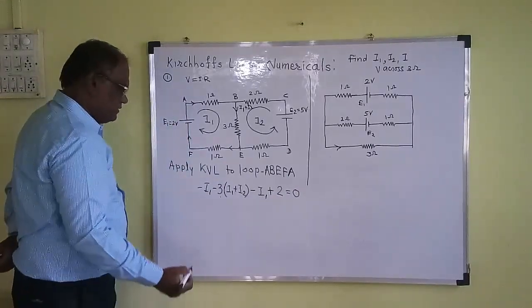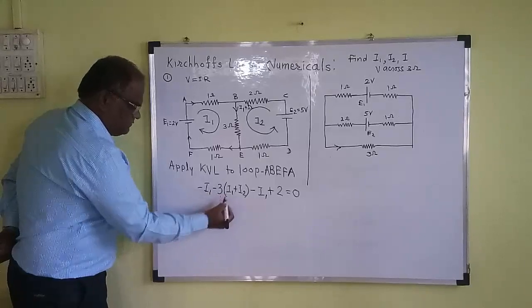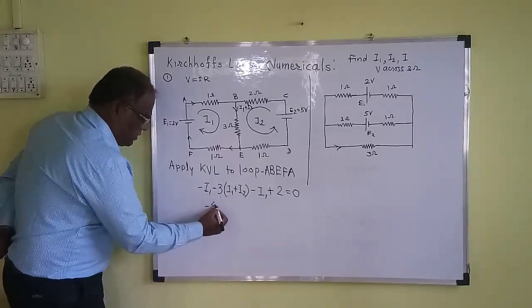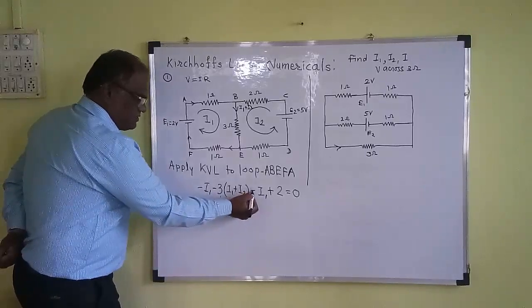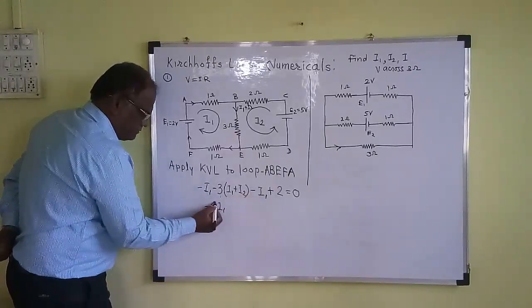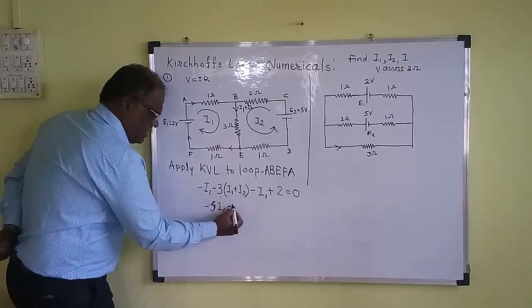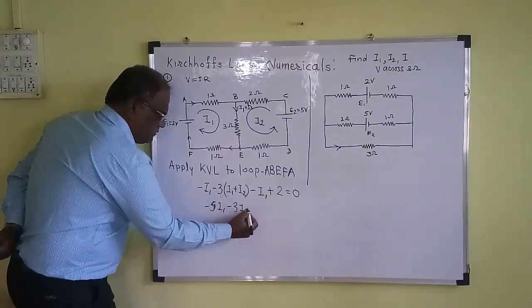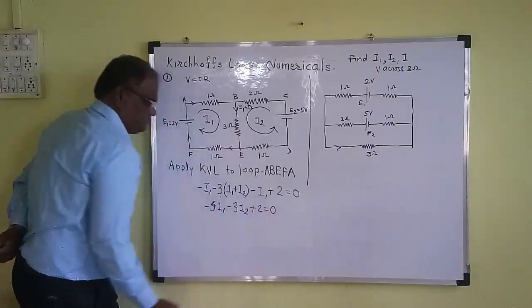Solve this equation. Minus I1 minus 3I1, that means minus 4I1. Again this I1, minus 5I1, minus 3I2 plus 2 is equal to 0.